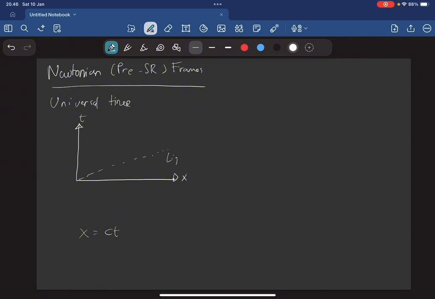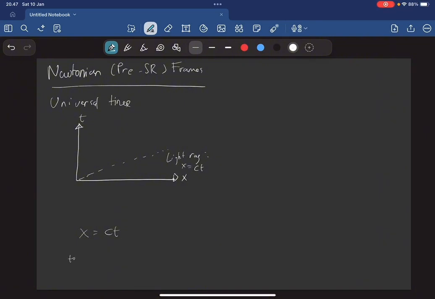So this is the light ray, x equals c times t. Similarly, a light ray moving to the left would be represented by x equals minus ct.